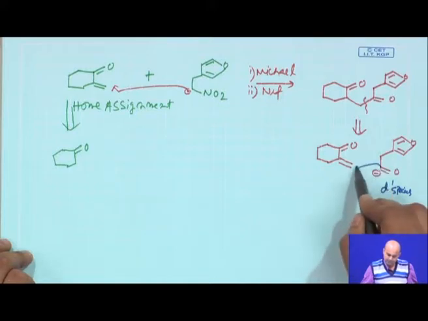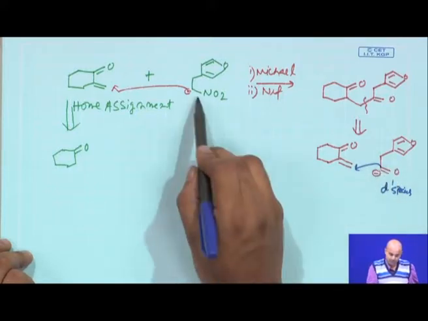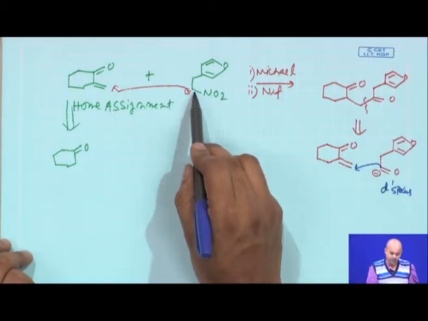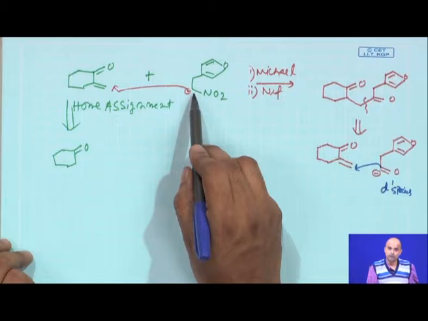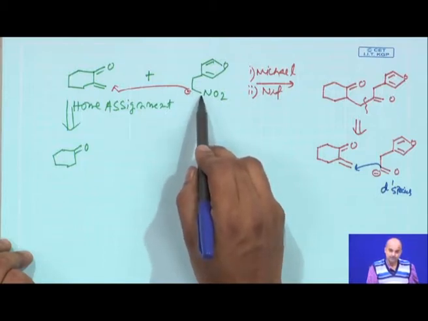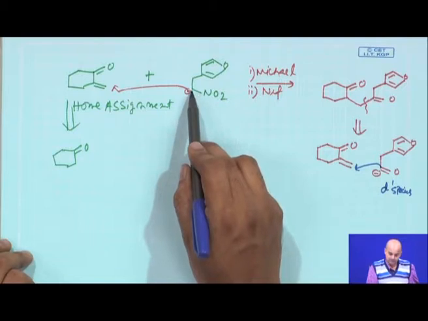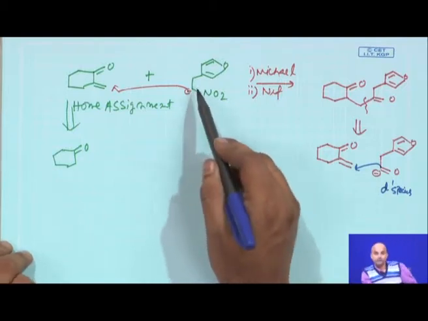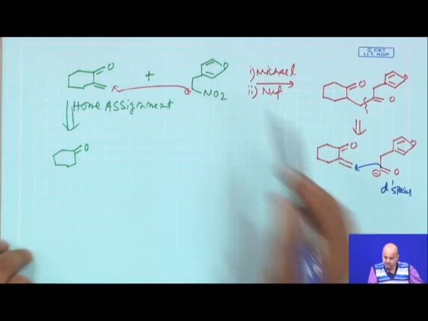Now, as I said, this is not commercially available. We have generated this with the help of this nitro species, and thanks go to the Nef reaction. We know that a C-nitro bond can be cleaved and converted to the corresponding carbonyl compound with the help of this Nef reaction.